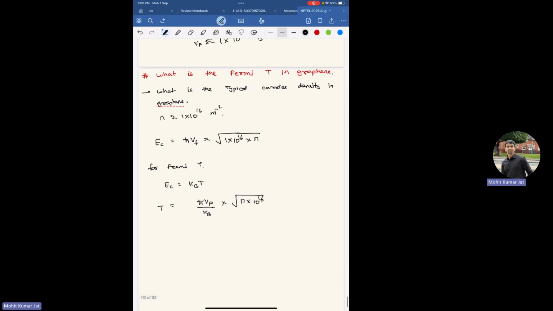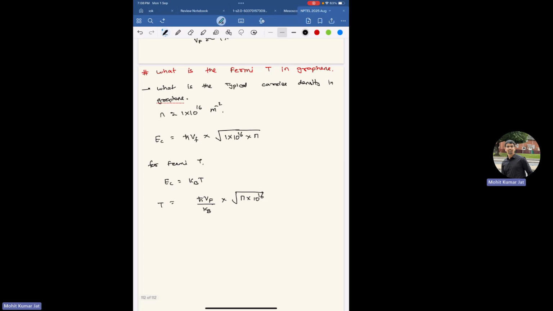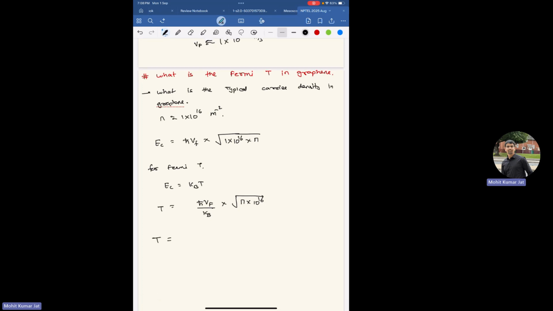If you substitute h bar as 1.05 into 10 power minus 34, Vf as 1 into 10 power 6, kB as 1.38 into 10 power minus 23, and pi as 22 by 7 into 10 power 16, and do this maths, this T will roughly turn out to be of the order of 10 power 3 Kelvin.